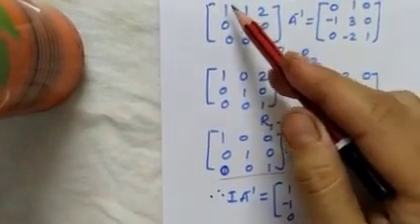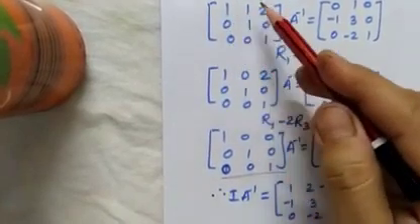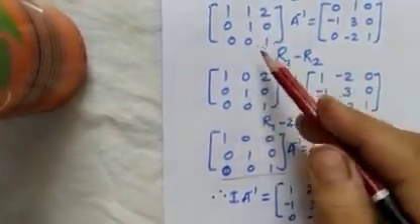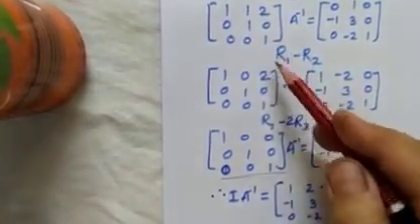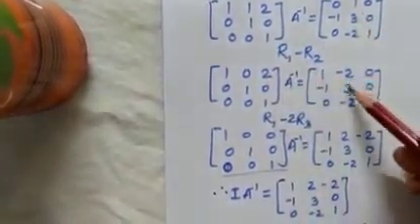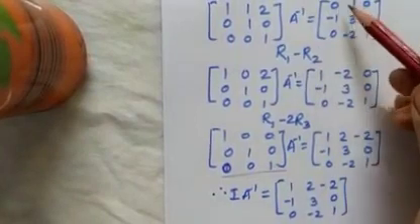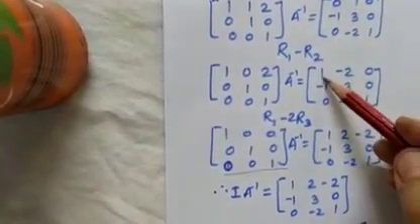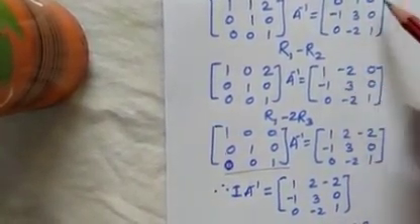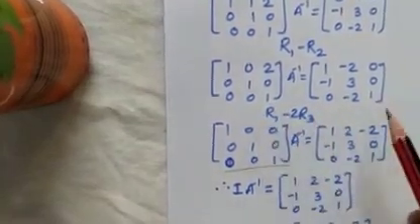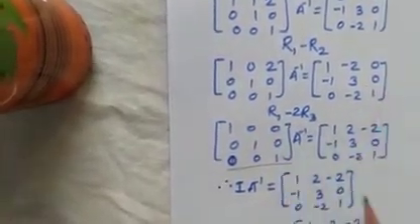So 1 minus 0 is 1, 1 minus 1 is 0, and 2 minus 0 here. The same on the RHS: R1 minus R2, 0 minus of minus 1 gets 1, 1 minus 3 gets minus 2, 0, 0. There should not be any change in the other rows.